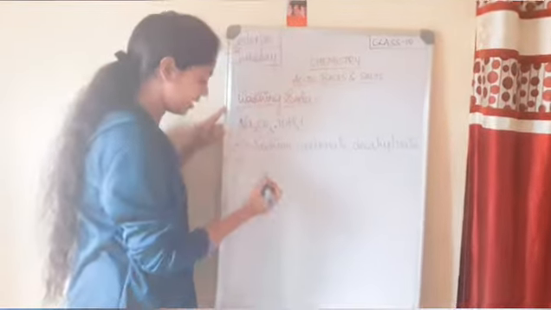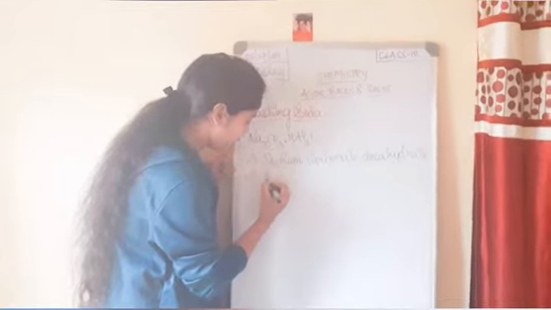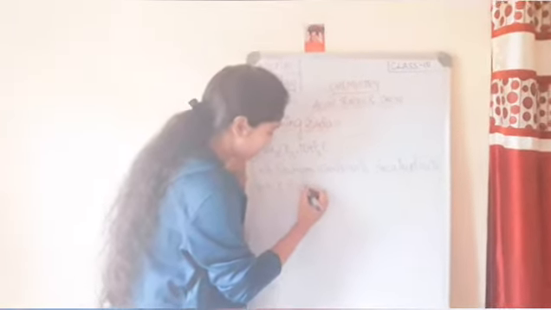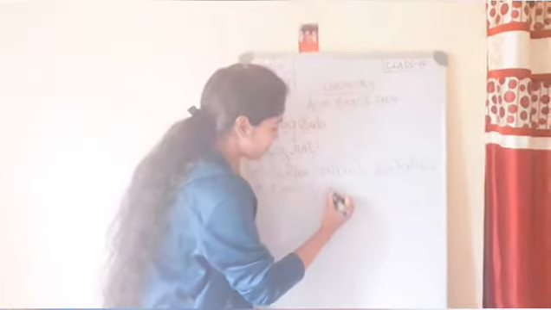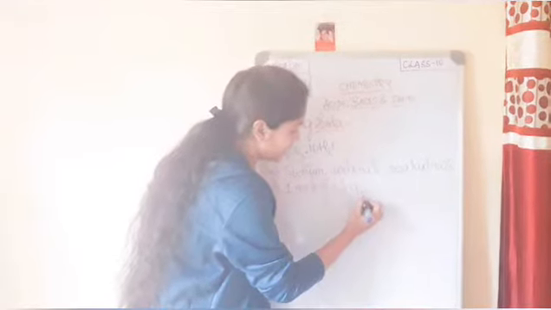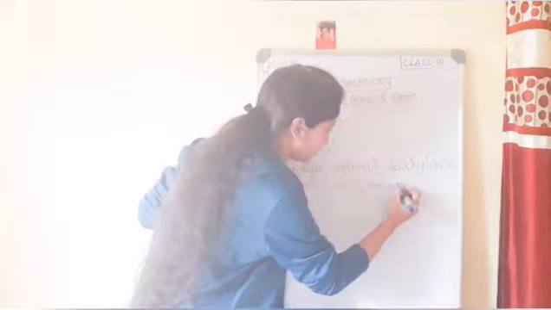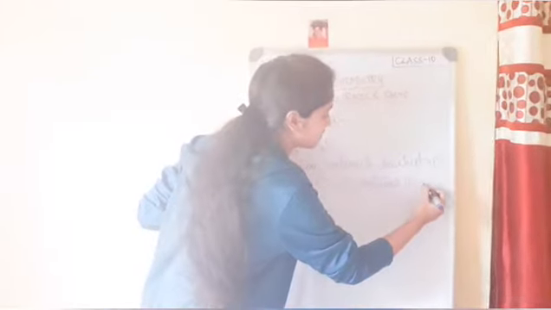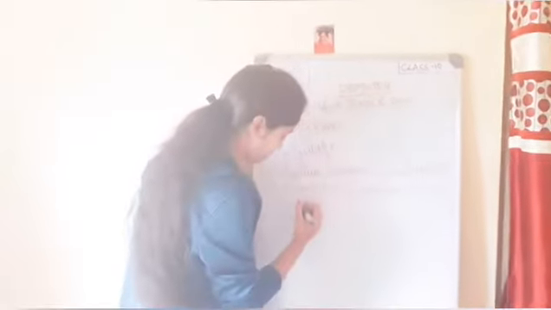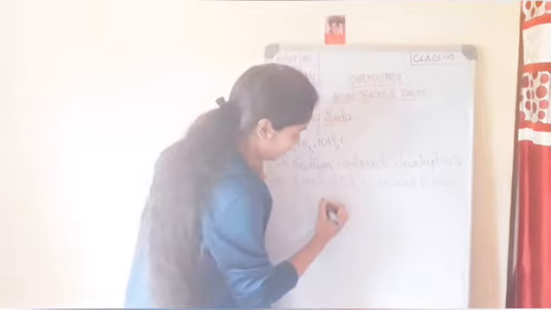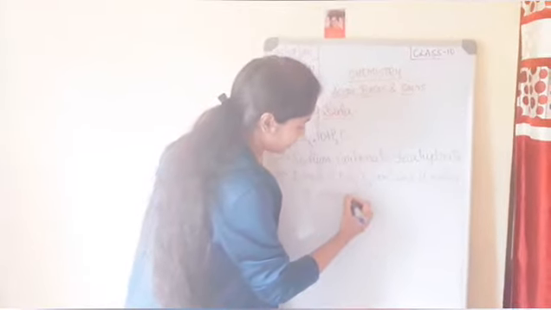Now this means that 1 mole of sodium carbonate contains 10 moles of water of crystallization.